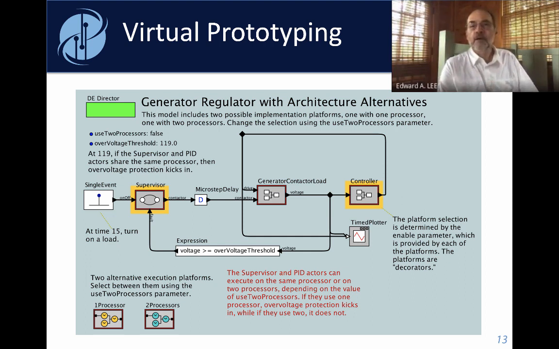So this was an example of a virtual prototype of a generator on an aircraft driven by the aircraft motor, with a combination of low-level feedback control and supervisory control, and an assessment of how the controller would behave if it was executed on a single processor machine or on a dual core machine. And that kind of virtual prototyping is facilitated by this ability to do heterogeneous modeling.